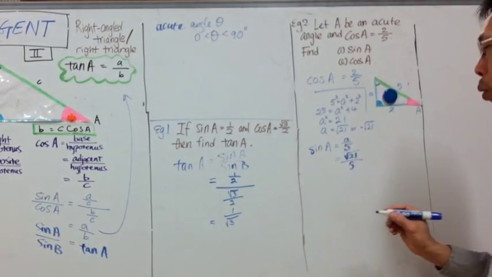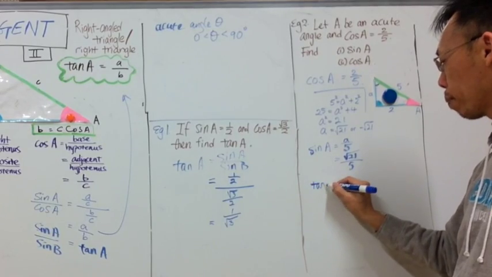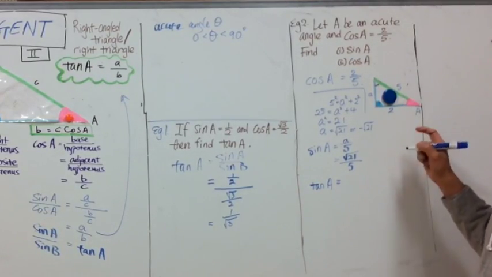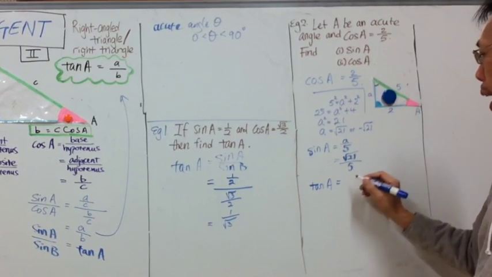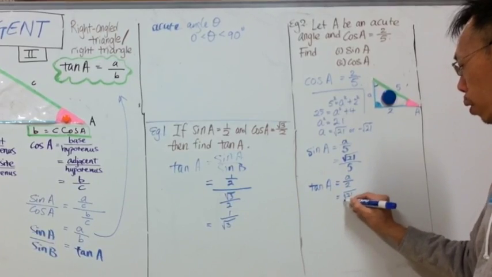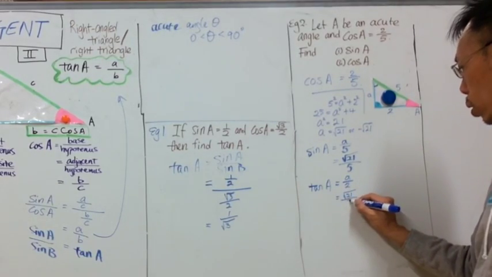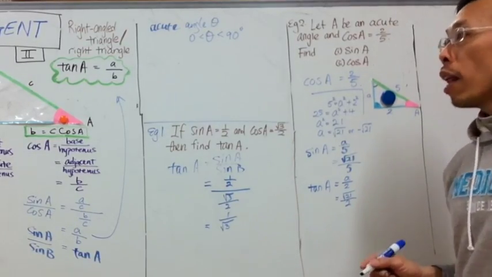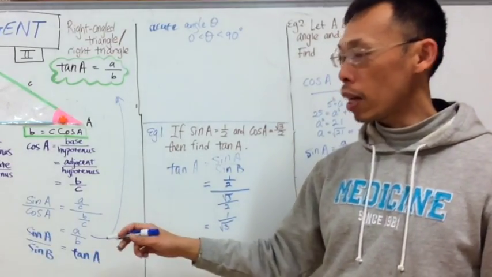And tangent A is a over 2, so it's square root of 21 over 2. That's the answer.